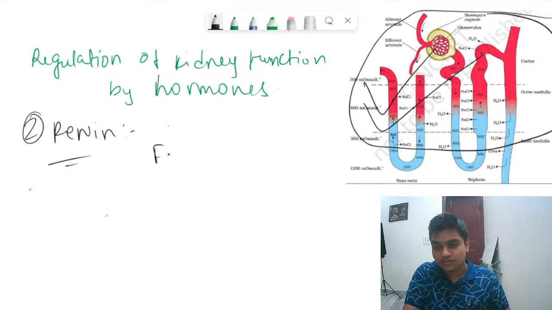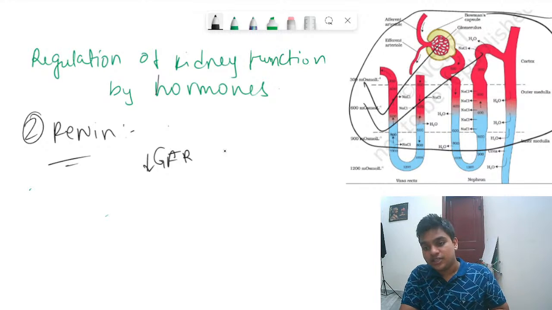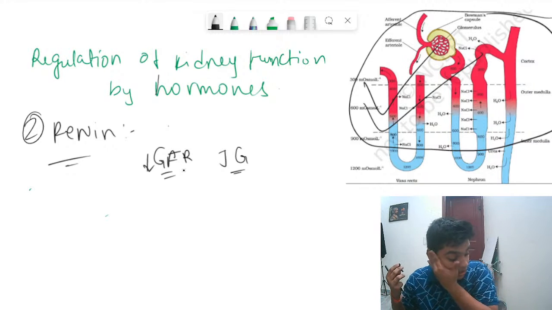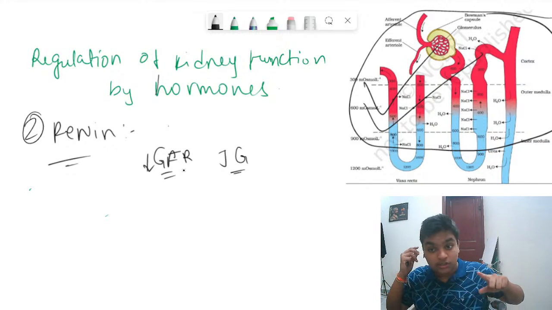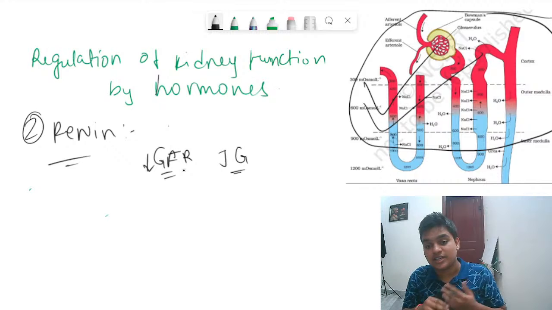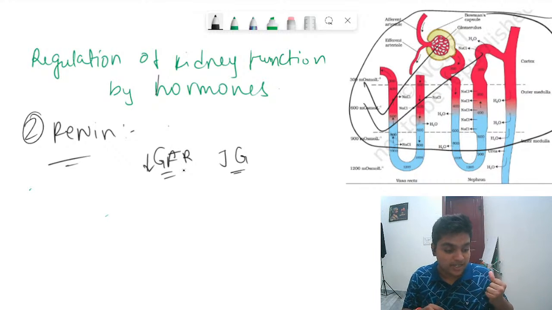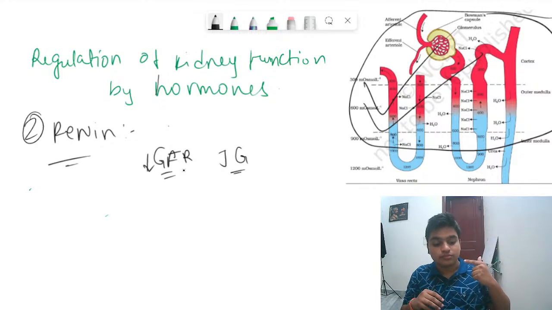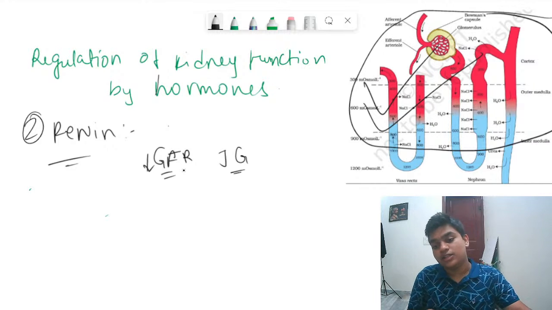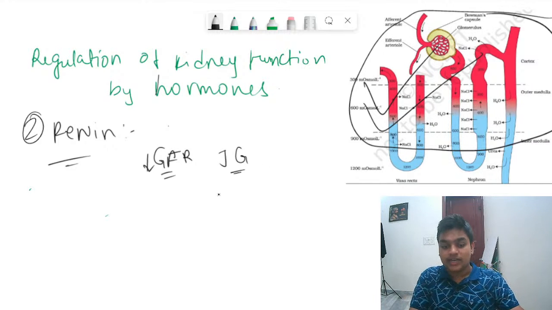When there is a fall in GFR, the juxtaglomerular cells, the cells of the juxtaglomerular apparatus, which are the cells of the afferent or efferent arterioles, secrete renin.